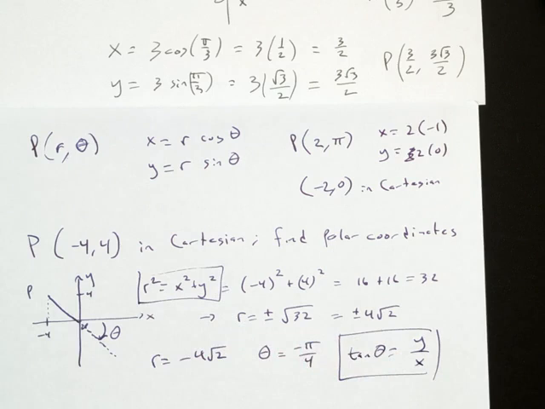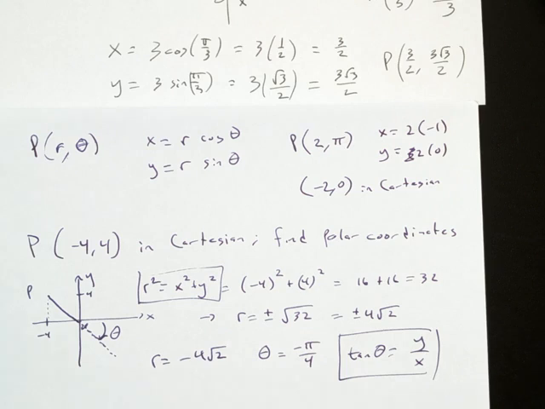Now here's the problem. When I use the inverse tangent button on my calculator, inverse tangent always gives me an angle either in quadrant 1 or quadrant 4. It never gives me an angle in quadrant 2 or quadrant 3. So I have to adjust. If I want the angle in quadrant 2, I need to know that when I do the inverse tangent, I'm going to get the angle in quadrant 4. And to get it over there, I need to add pi.